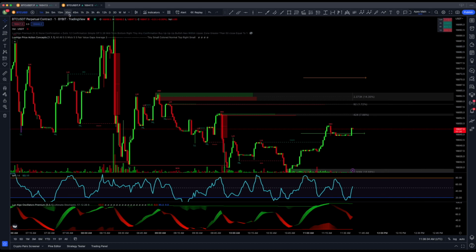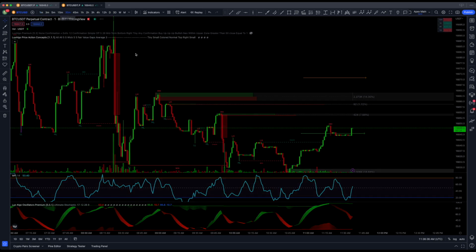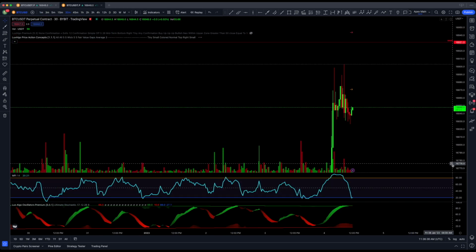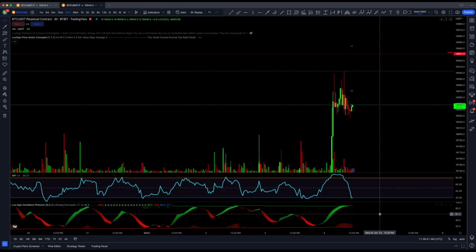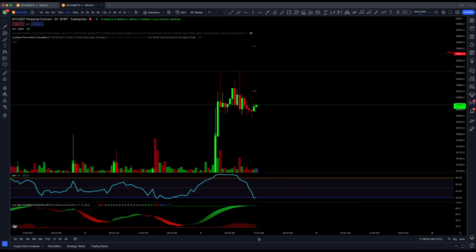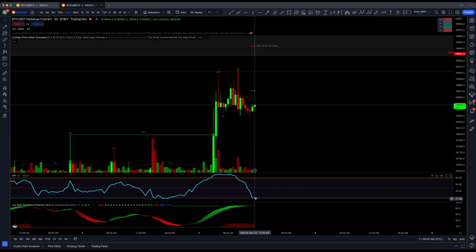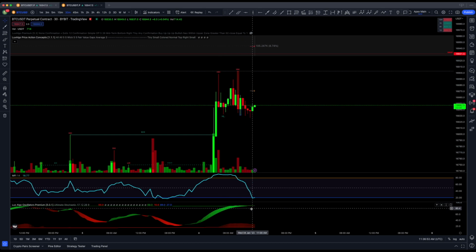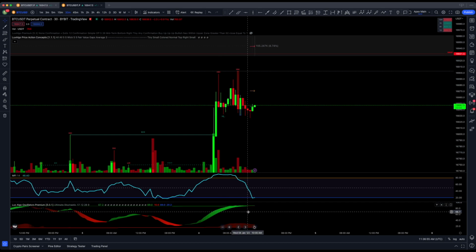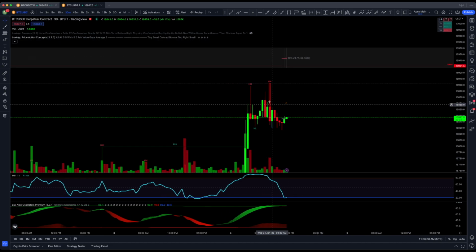The only thing that's concerning me is just this 30-minute. But here's where we're getting divergence. We're seeing the MFI right the way down here, and we are seeing the Lux Algo Premium indicator up here.